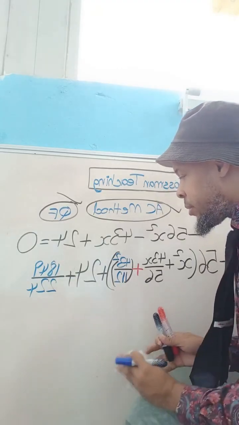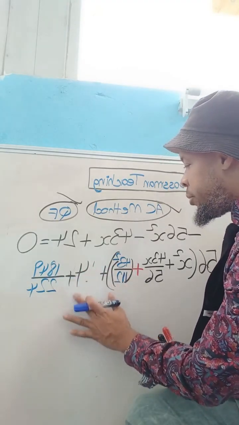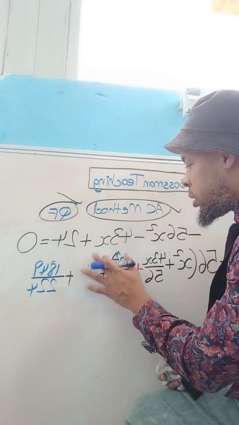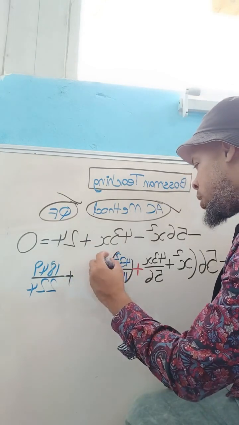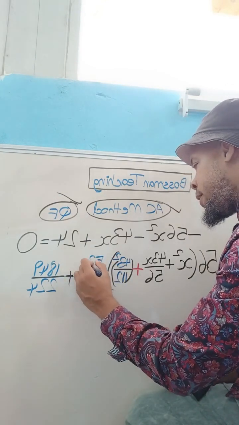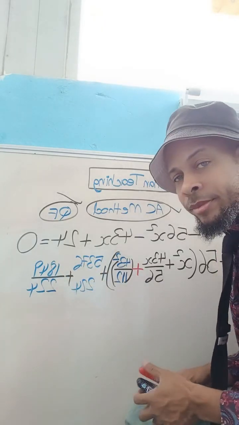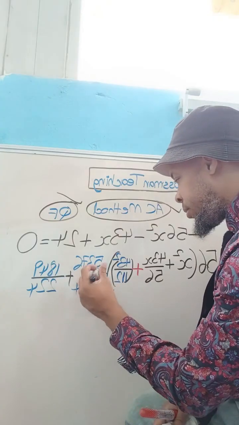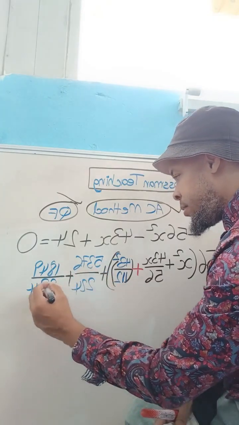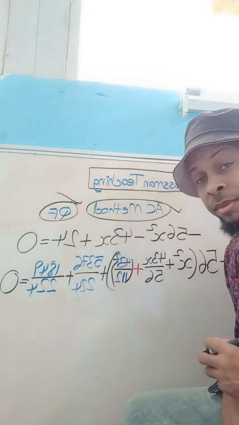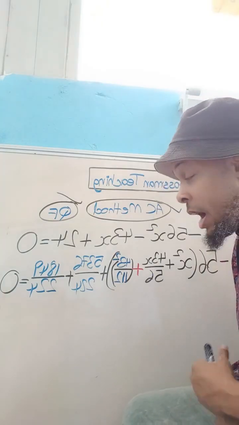So 5,376 goes over 224. Right? Alright, good.